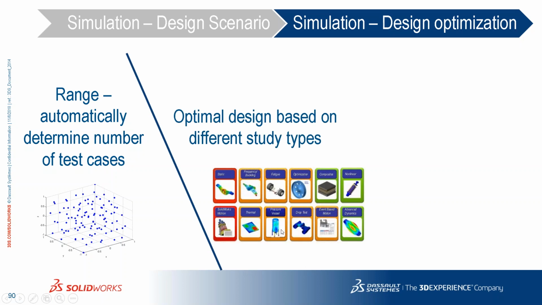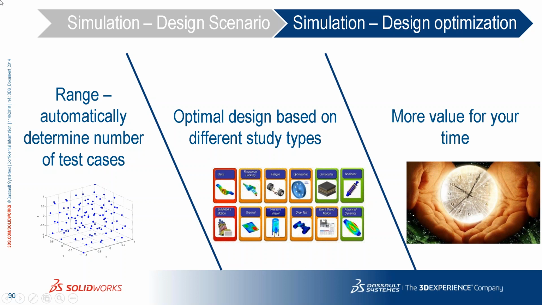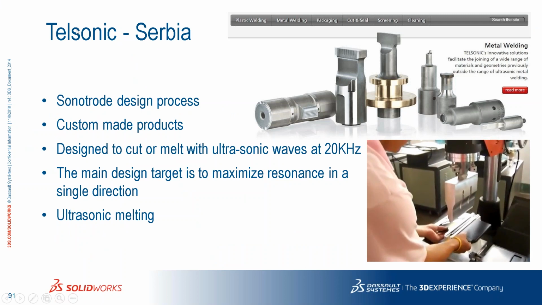You can combine different study types, as you see, frequency, nonlinear, or dynamic. And this automation allows you to save time for more important tasks. So now I think I will switch to Alessandro, who will comment on a real case of a customer in Serbia.